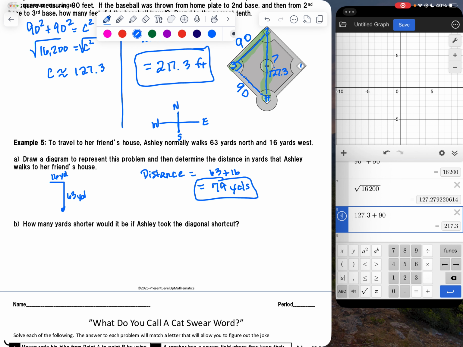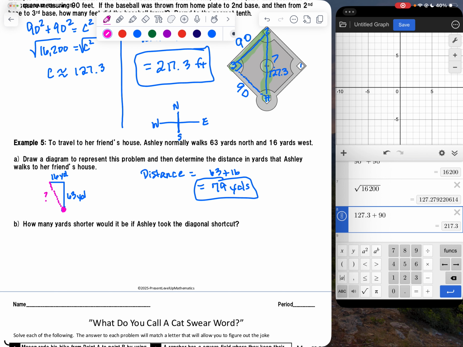So she walked 79 yards, okay? In part B, it says, how many yards shorter would it be if Ashley took the diagonal shortcut? So let me draw in. What if Ashley started here, but instead of going north and then west, what if she went diagonally straight to her friend's house like that? What would that distance be? All right.